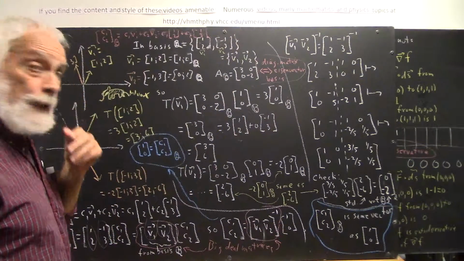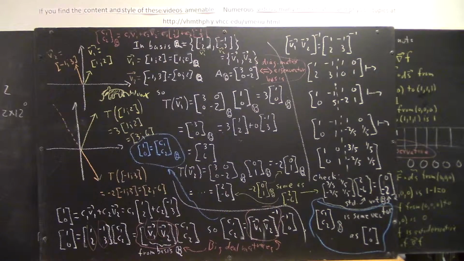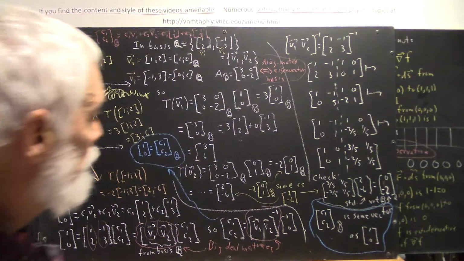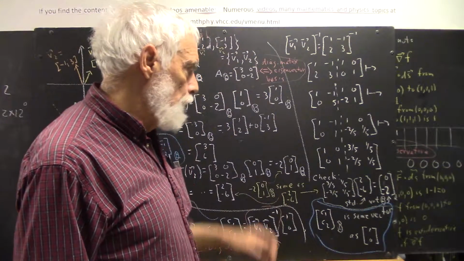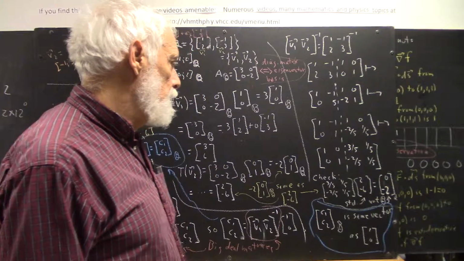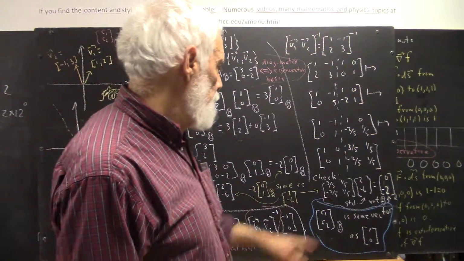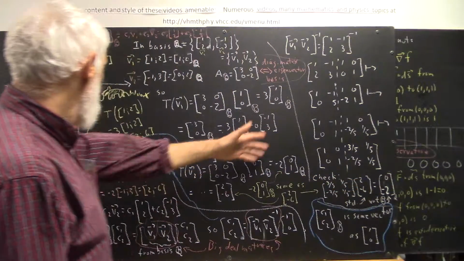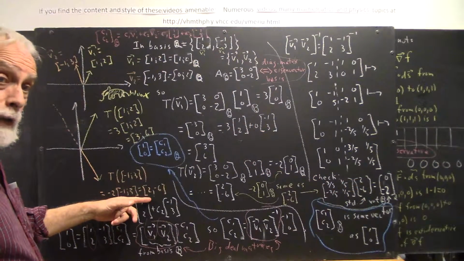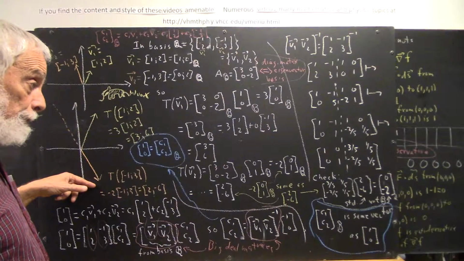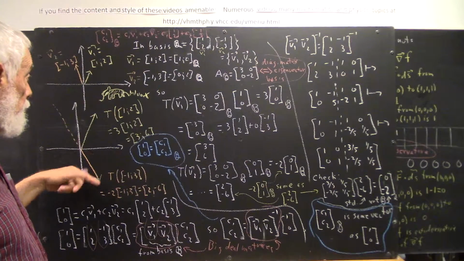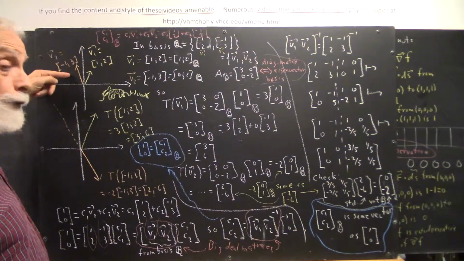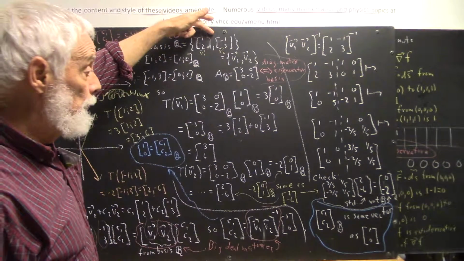So I've inverted the V1, V2 matrix and checked. I checked by seeing that if I multiply this matrix by the vector 2, negative 6, which you recall is this vector here, I should get this vector relative to this basis.